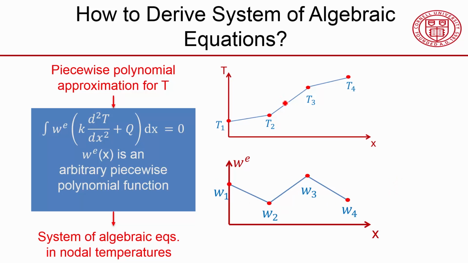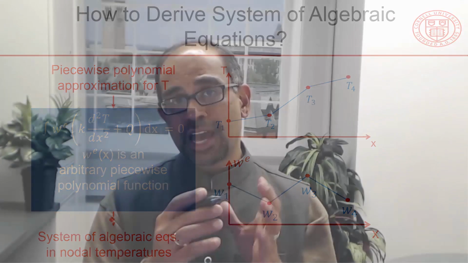And if we plug these two shapes in here, out will pop our algebraic equations, and we'll get the number of algebraic equations that we need to determine the nodal temperatures, and we'll take a look at that. So we'll look into some of the details of this process, and it'll give us some very important insights that we can carry into the finite element case studies that we'll do in the answer solver.